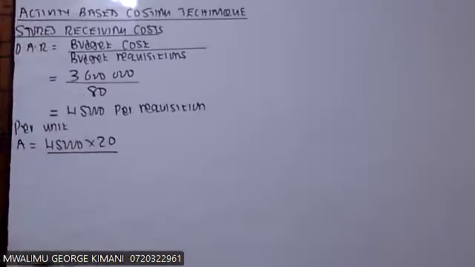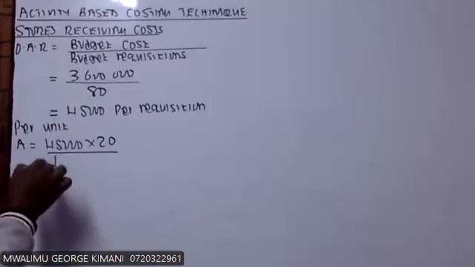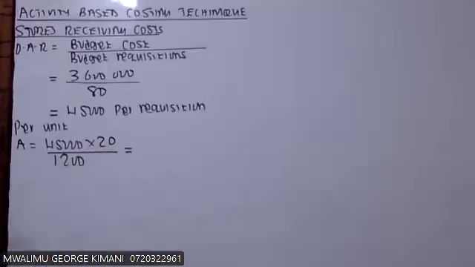You divide by the number of units, 1,200. $750.